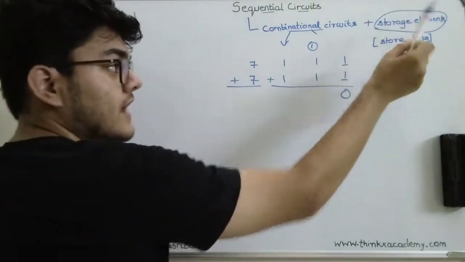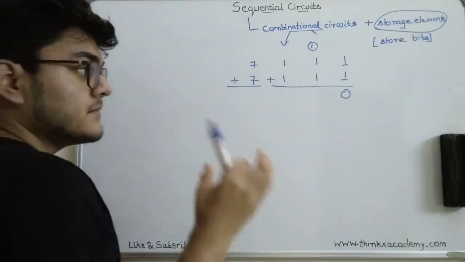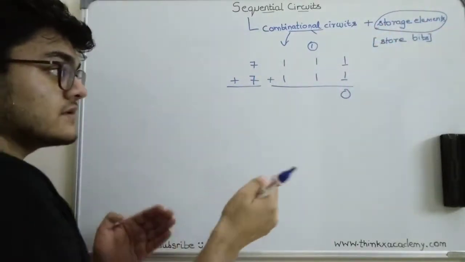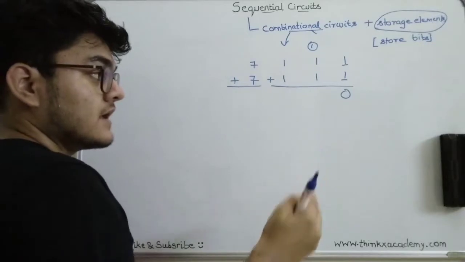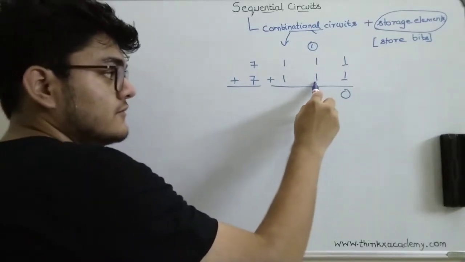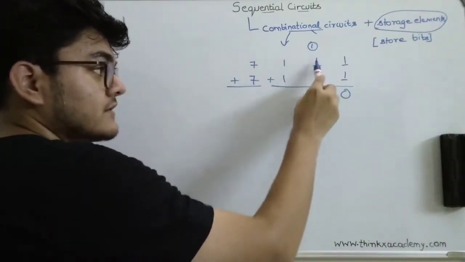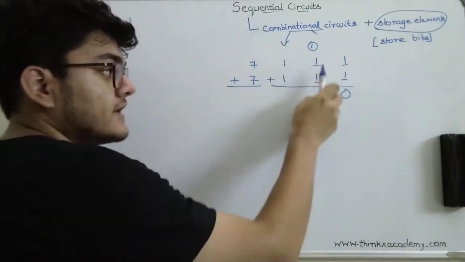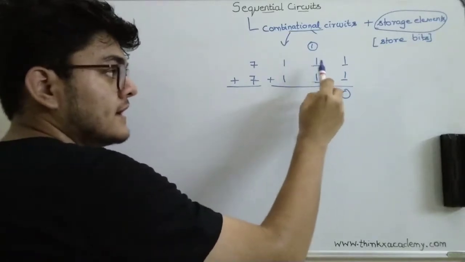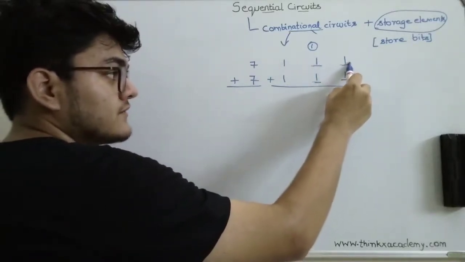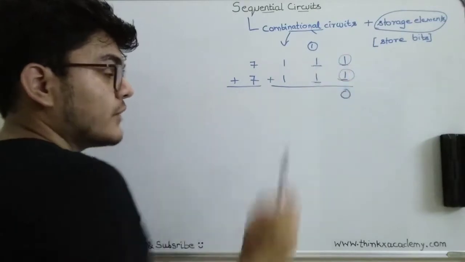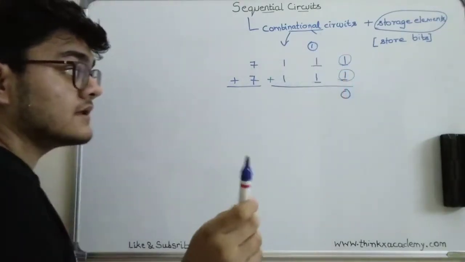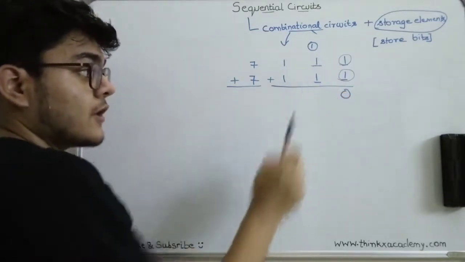Then what is the need of adding the storage elements? The basic need of adding the storage elements is to store the previous outputs. You can see that when you want to perform the addition operation on these 2 inputs, the operation at this point is affected by the operation at this point, because this operation will give us a carry of 1, which affects this output.